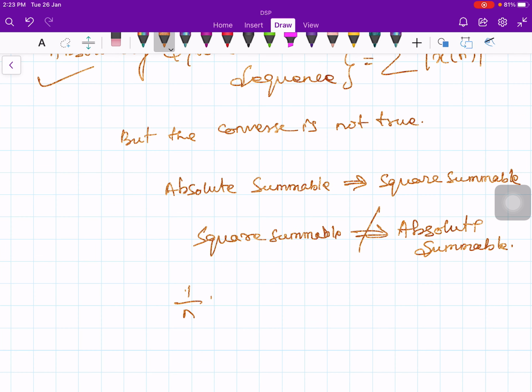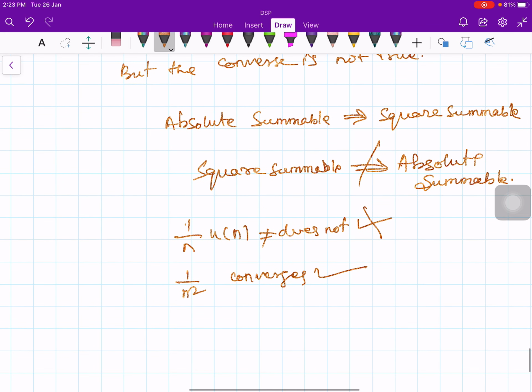See, 1 over n times u of n does not converge, but 1 over n squared converges. That means square summability exists, but absolute summability does not. So the example that we took is x of n equal to 1 by n u of n minus 1.